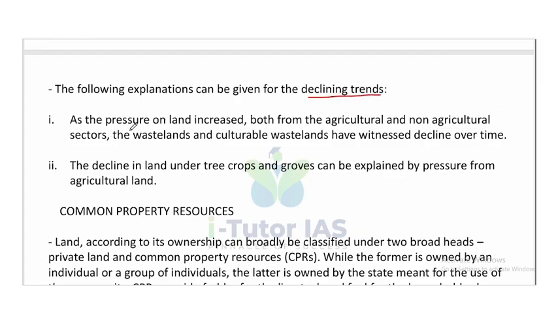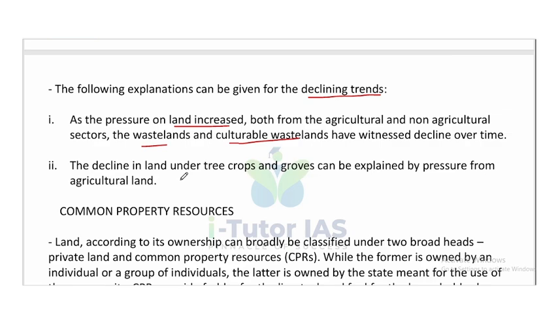First one, as pressure on land increased both from the agriculture and non-agriculture sectors, the wastelands and cultivable wastelands have witnessed decline over time. Now, the decline in land under tree crops and groves can be explained by pressure from agricultural land. Okay, so some of the explanations can be given for the declining trends.